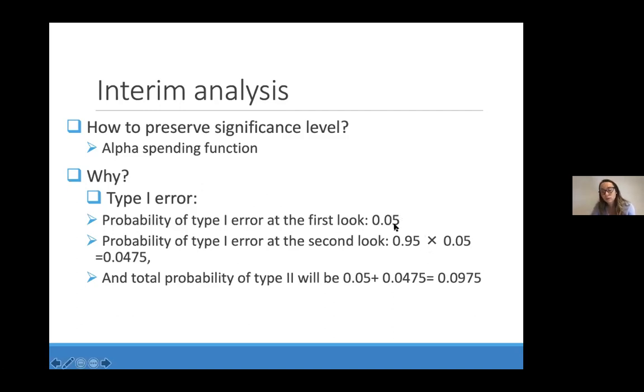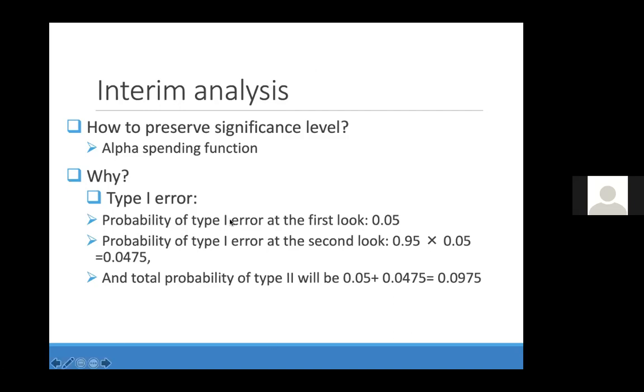This is mostly for us to understand that the probability of you finding a positive result that does not exist changes every time you look at the data. That's why you use one of the alpha spending functions, because you want that probability to be as minimal as possible in the beginning, so when you get to the end of the trial, you still have a reasonable p-value to achieve. Does it make sense? Yes, thank you.